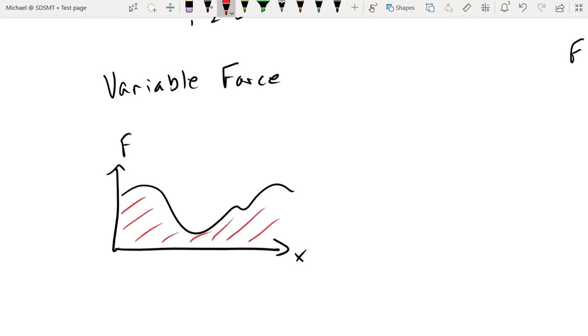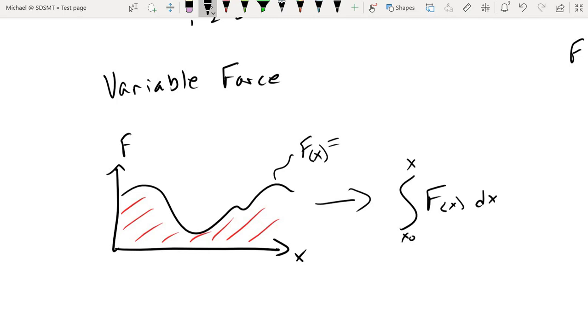Well, that's not going to be the easiest thing for us to figure out in the graphic sense. So that's why we're going to let the calculus do the work for us. The only thing that we would need is some kind of function relationship that actually tells us how the force is changing with respect to position. Otherwise, we're probably not going to have any hope of figuring out just how much area is underneath this graph.